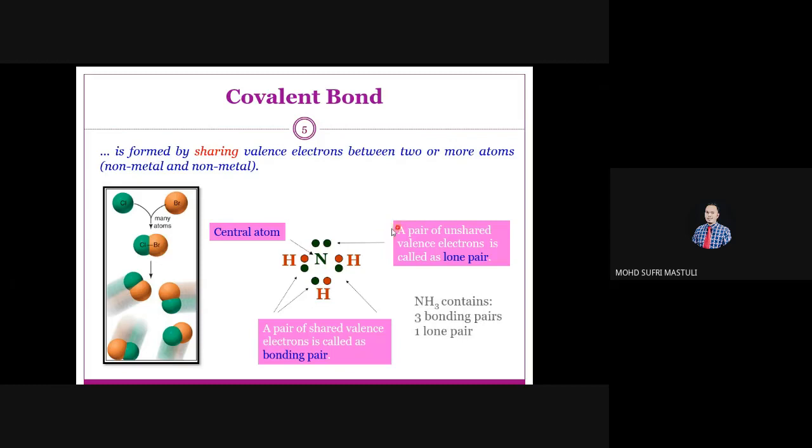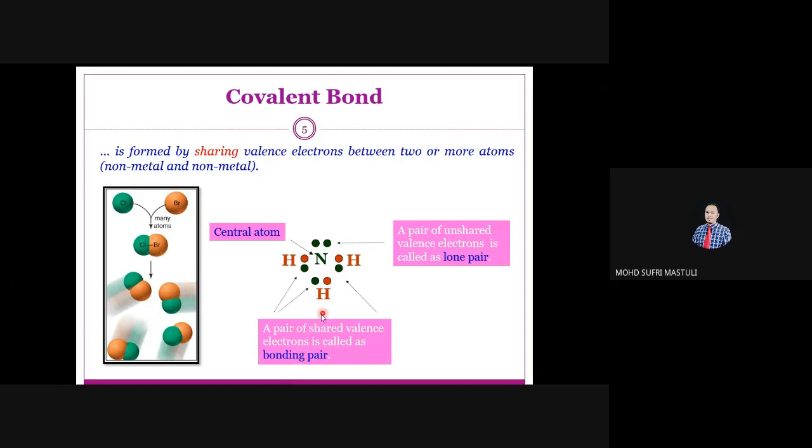Normally the central atom is the one with the smaller number compared to other atoms. A bonding pair is a pair of shared valence electrons. We call it bonding pair.